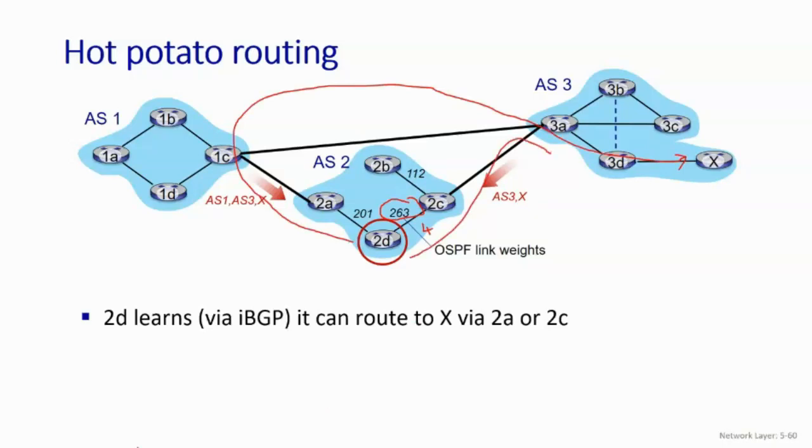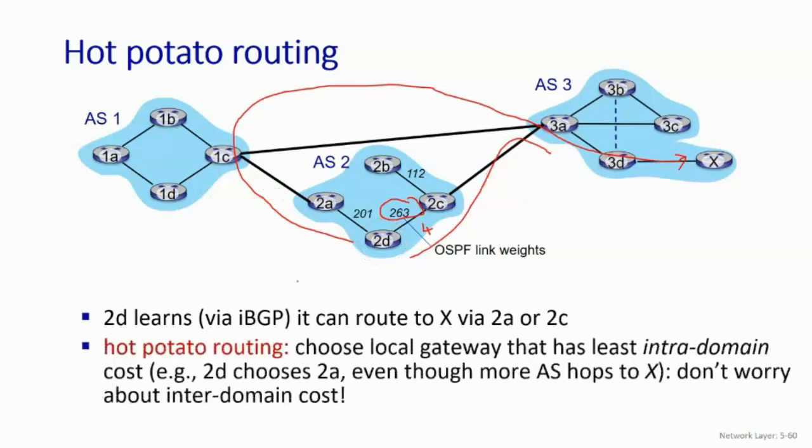Now, hot potato routing chooses the local gateway that has the least intra-domain cost. In this case, X is reachable through this route with a cost of 201, and through this link the cost is 263. So now 2D has to make the decision.